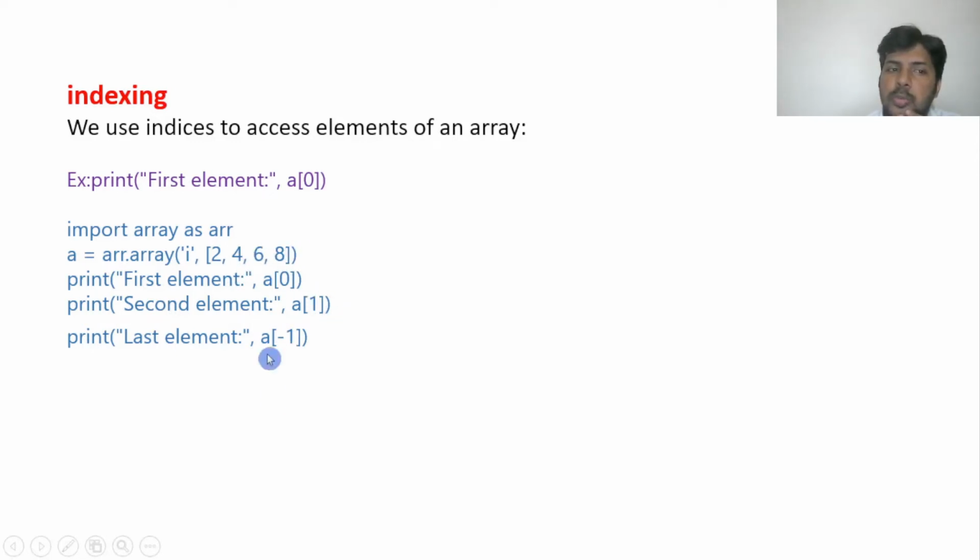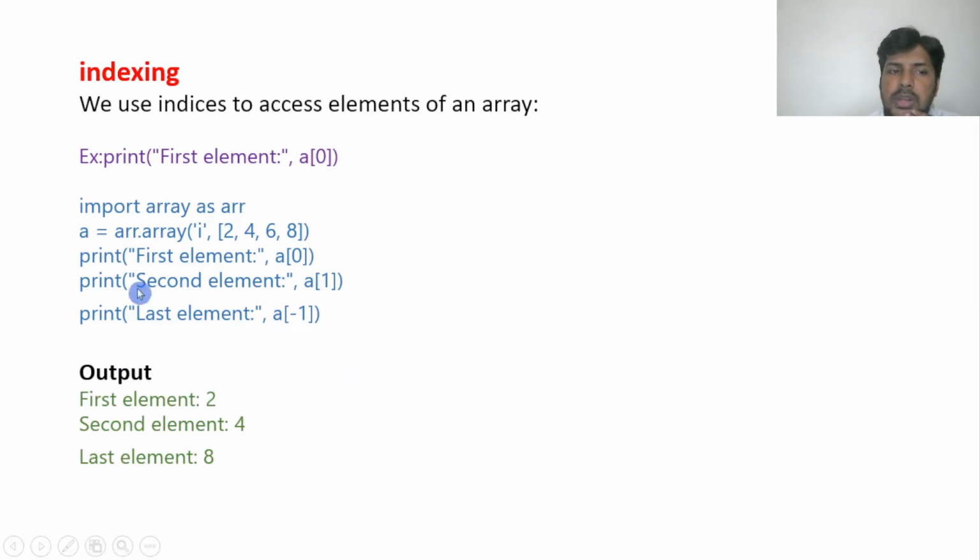So let us see the output, how it will be. You can see here, when I say first element a[0], it has printed 2. Because what is there in a[0]? 2. Second, a[1], what is there? 4. See where 8 is, actually it is at a[3]. But what I have given is minus, means negative indexing.